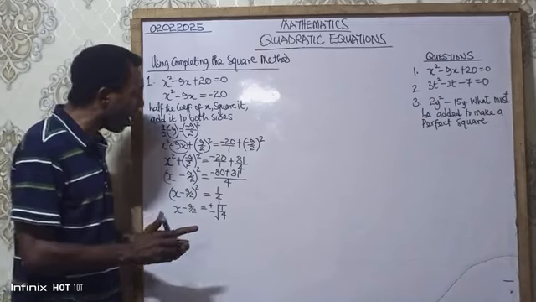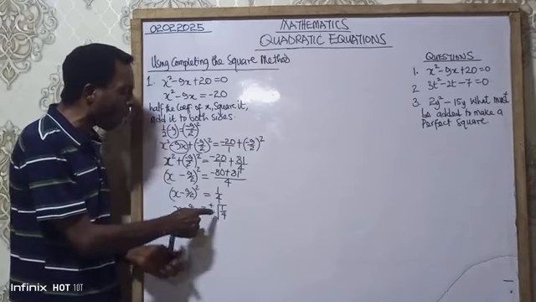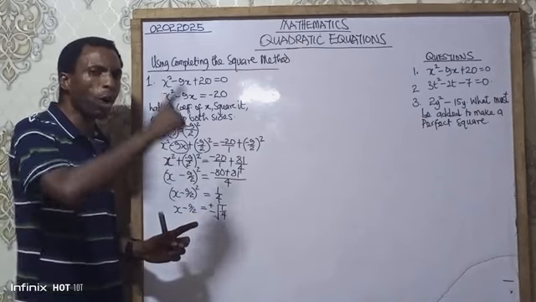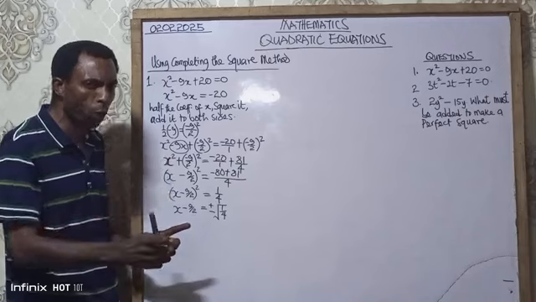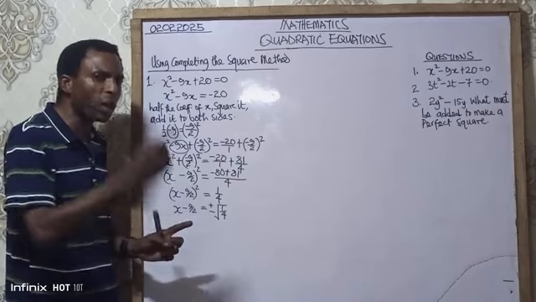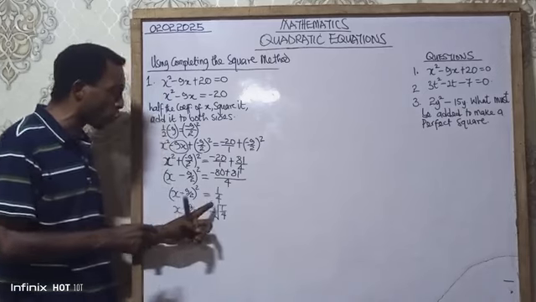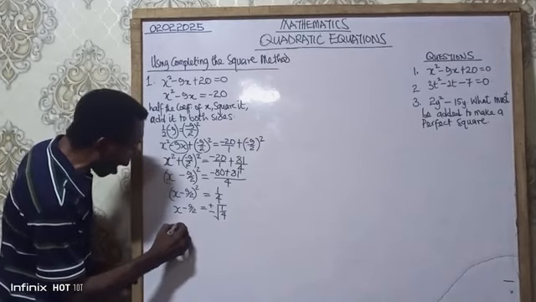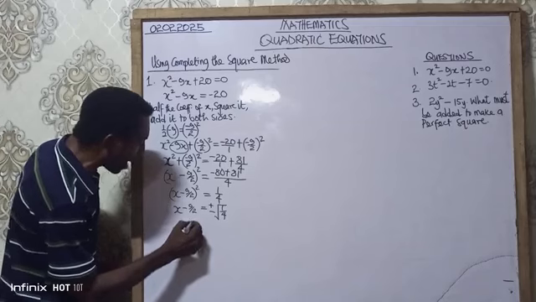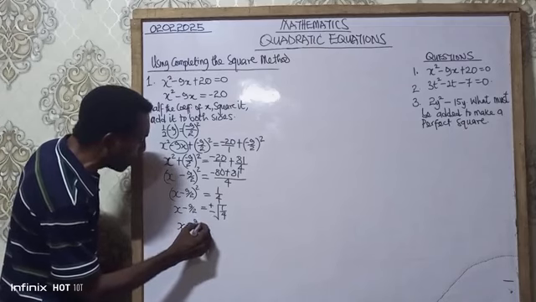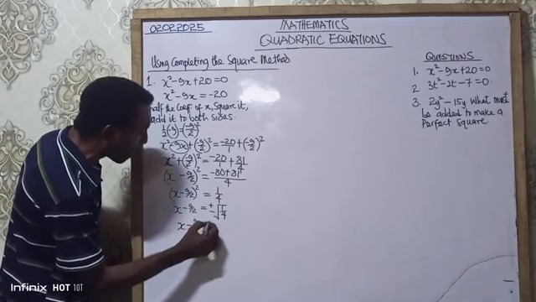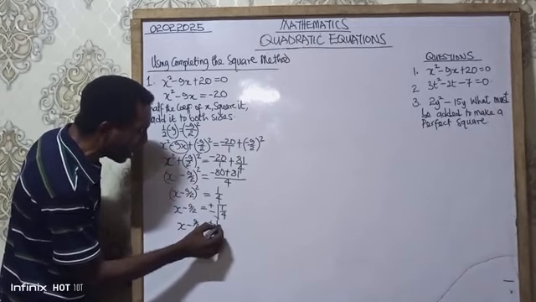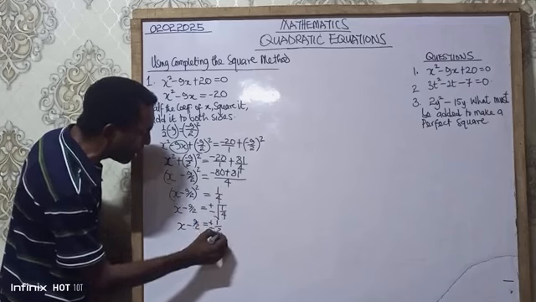Because when you look at the square root of 4, it will give us 2. Minus 2 times minus 2 will give us plus 4, and plus 2 times plus 2 will give us plus 4. So we are introducing plus or minus. So the next thing is we now have x minus 9 over 2 equals plus or minus 1, the square root of 1 is 1, then the square root of 4 is 2.